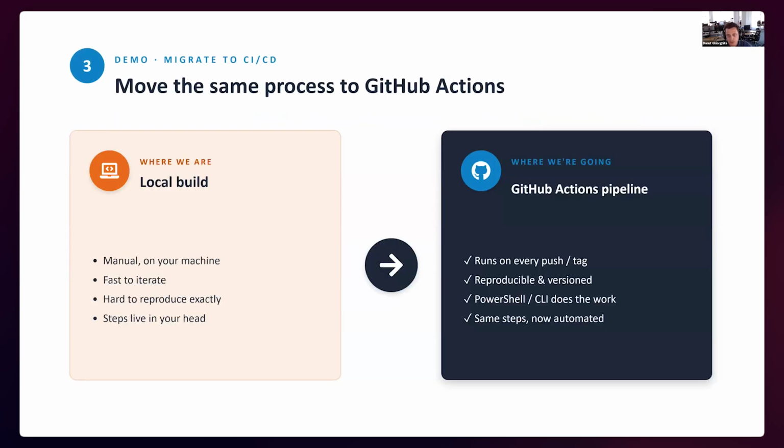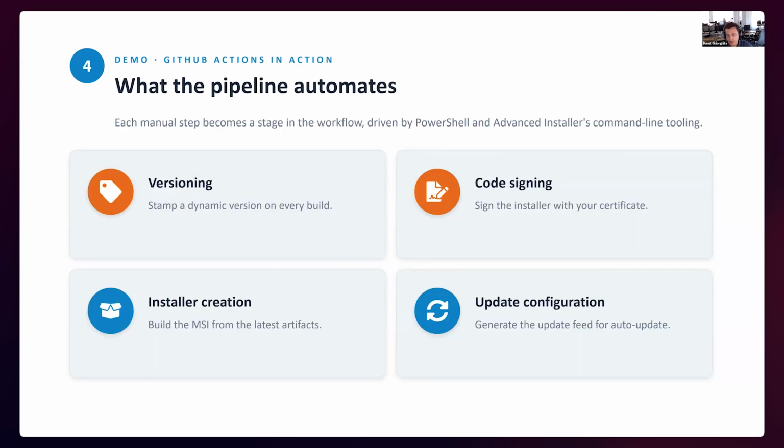Once we have a working installer locally, we'll move the same process to the pipeline. The manual steps become automated and reproducible, driven by PowerShell or the command line. It's up to you how you use it. In the pipeline, we automate versioning, code signing, the installer, and the update configuration file. It's that ini file used by the updater.